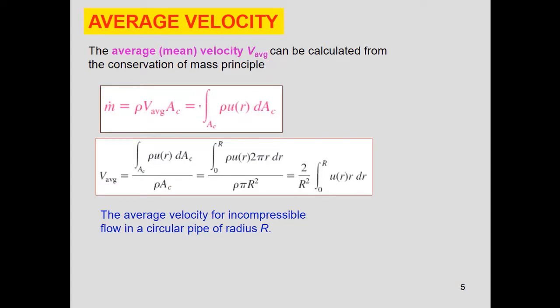Here we just rearrange this to find the V average. Then we can calculate this dAC, or the differential cross-sectional area dAC. It is equal to 2 pi r dr.